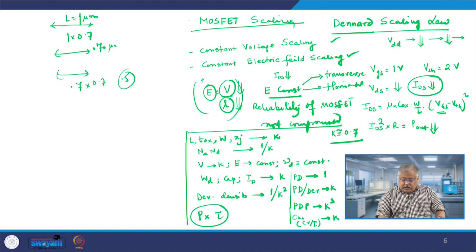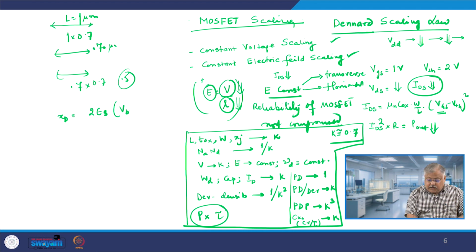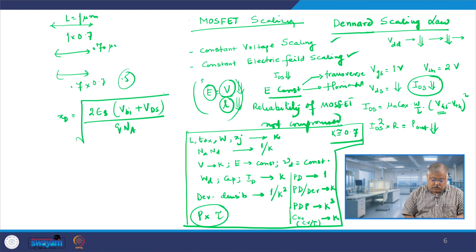But other factors vary like this. This has been done quite significantly, assuming that k is equal to 0.7 for each technology node. The depletion width xd is given as the square root of 2 epsilon silicon (V built-in plus VDS) divided by q times Na, and this is constant.